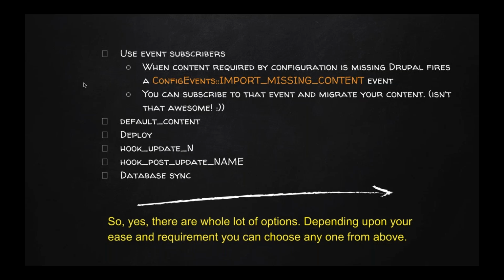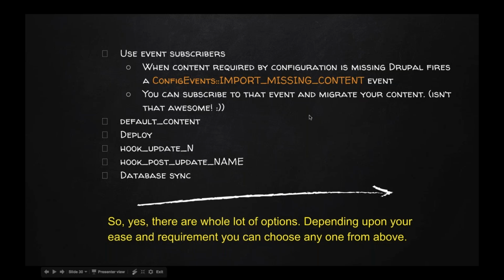You can subscribe to that event and migrate your content. Now the configuration system will know it has content for this particular thing, so let's apply configurations. That's one way to do that.